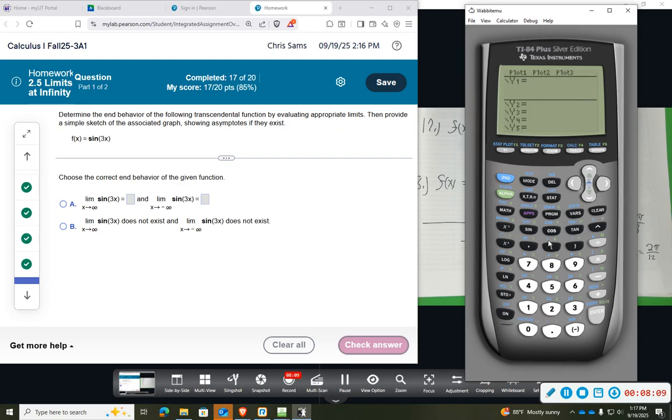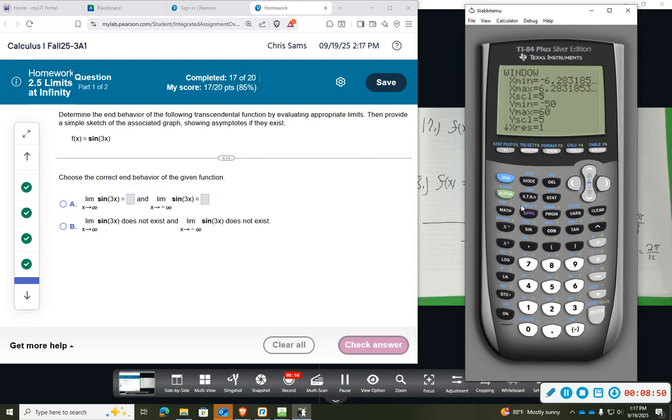I'm going to go to y equals. We're going to just do sine of x. So this is going to be the parent function. And then I'll do the sine of 3x in just a minute. Let me go to my window. We're going to put this in terms of pi. So I'm going to say -2 pi, and we're going to go up to 2 pi, and we'll count by pi halves.